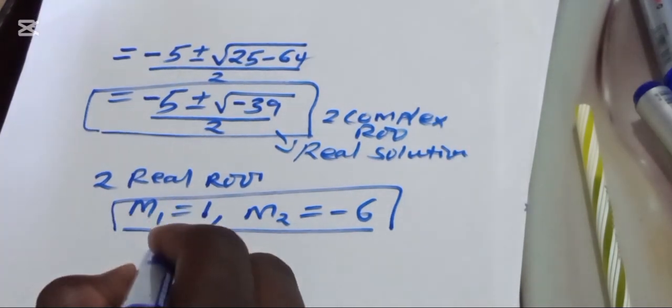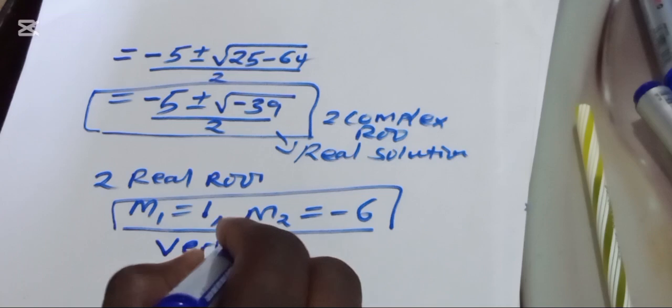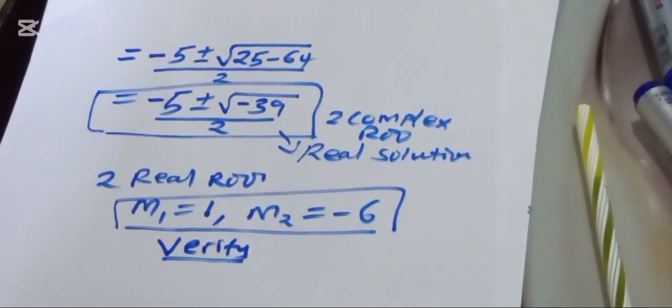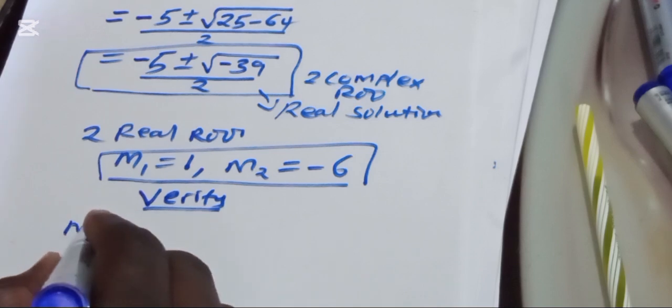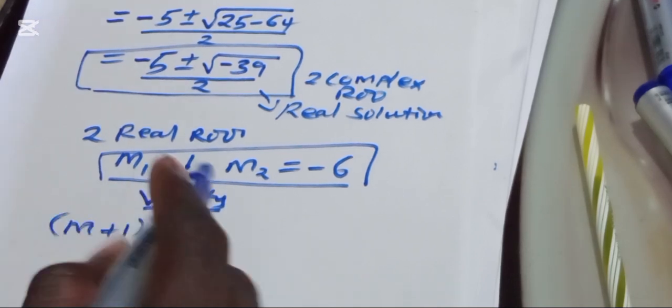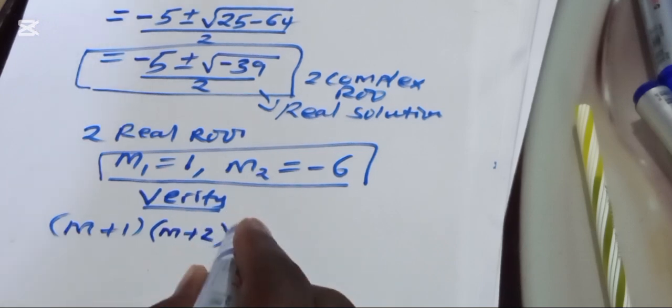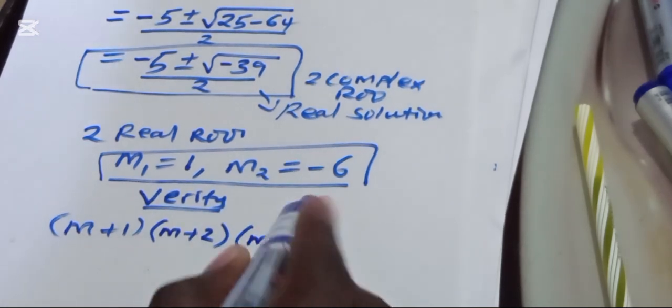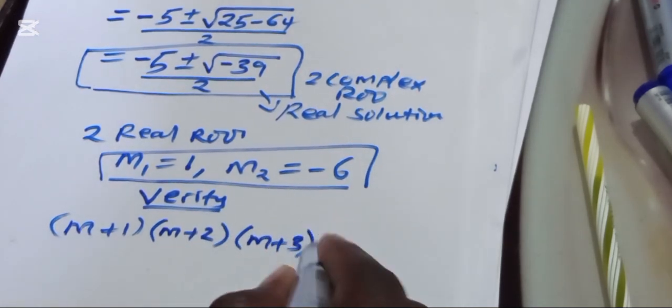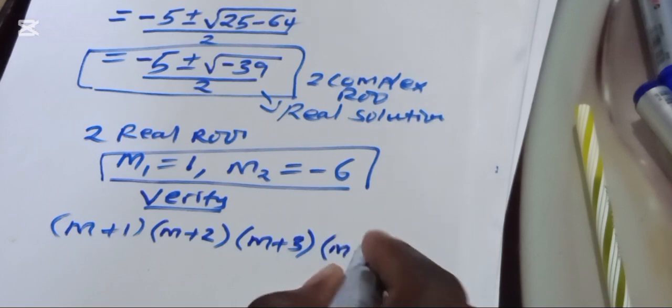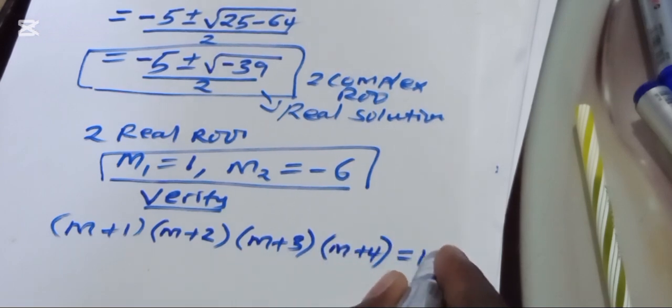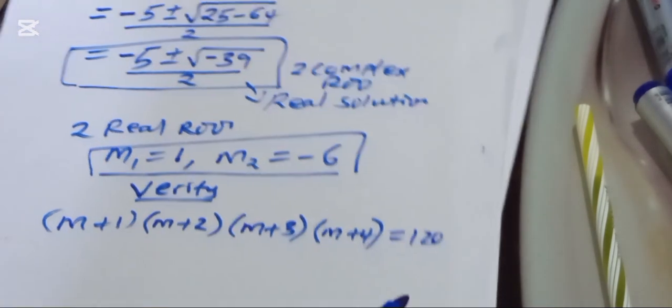Now let's verify if these values of m actually satisfy the equation. We have m plus 1 multiplied by m plus 2 multiplied by m plus 3 multiplied by m plus 4. This should give us a value of 120. So let's substitute quickly.